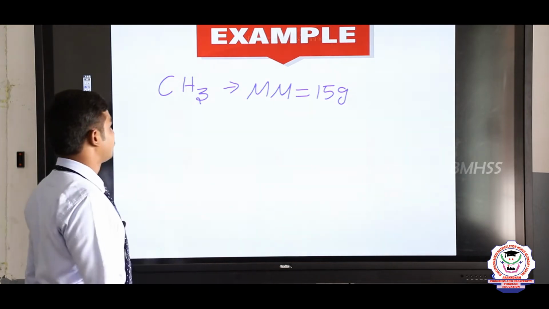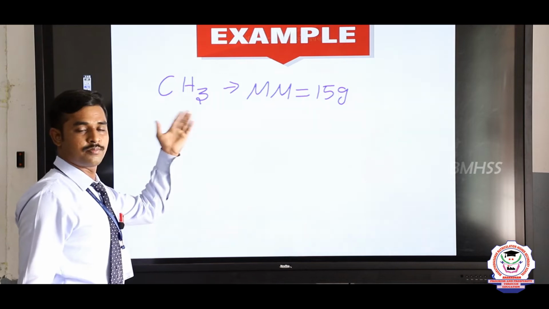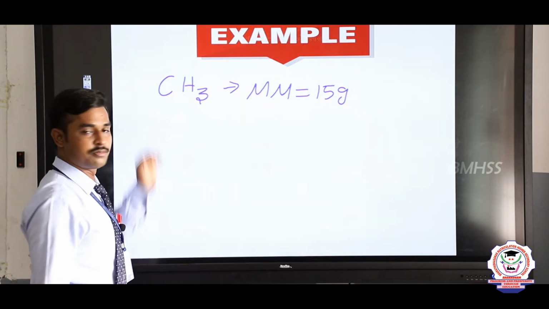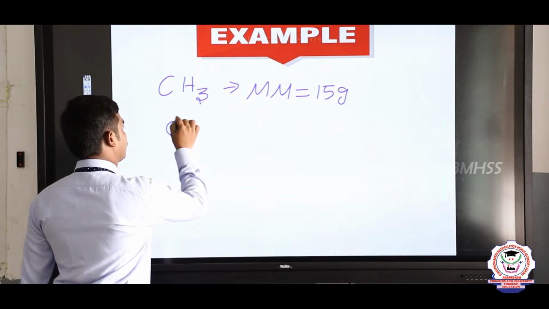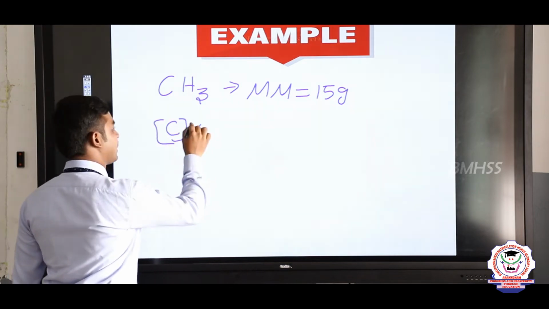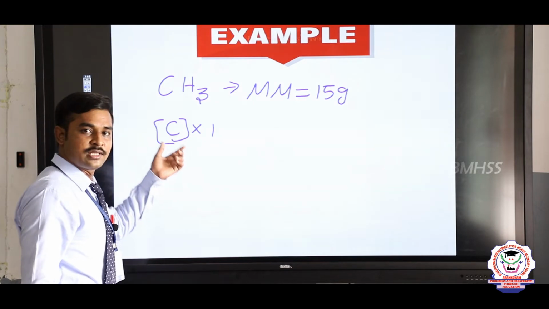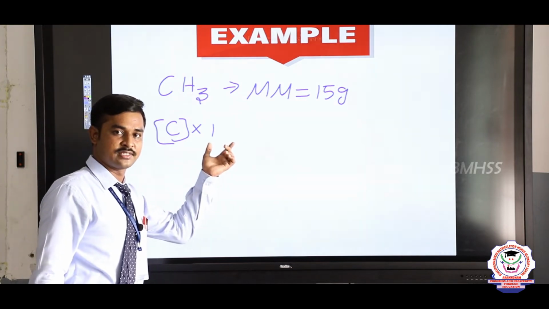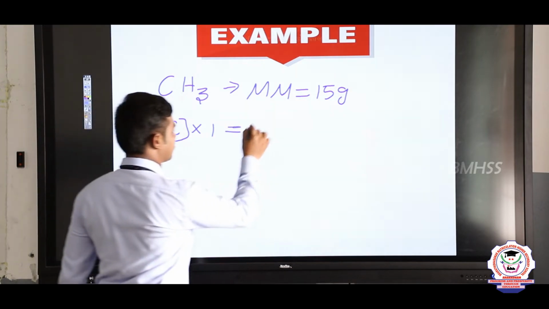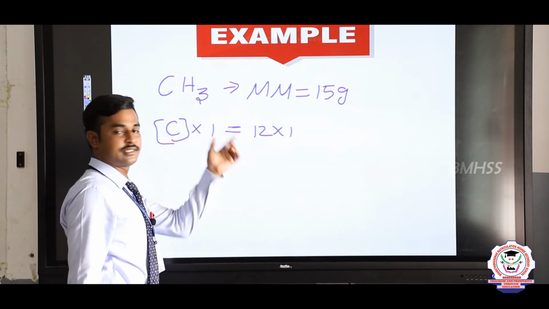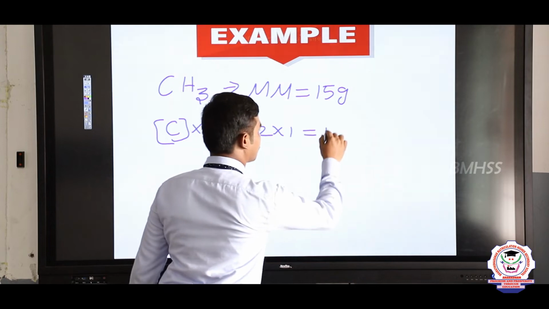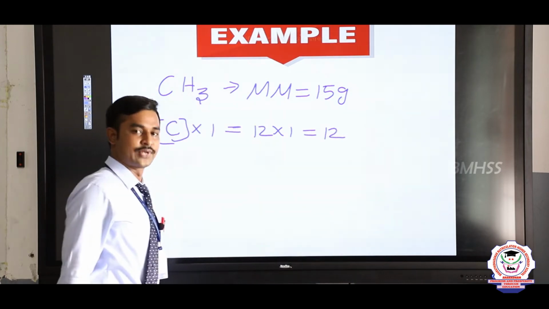I will show you. First you need to know the molar mass of this compound. We can find it by multiplying the mass by the number of atoms present. Carbon has mass 12 and the number of carbon atoms present is 1, so the total mass of carbon is 12.